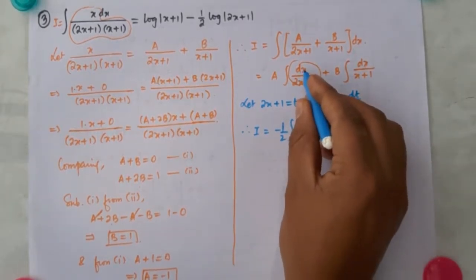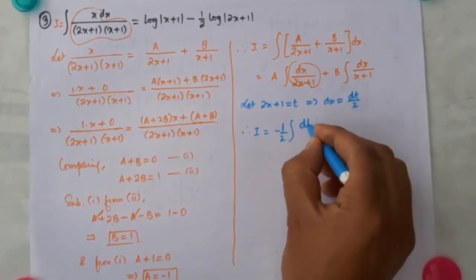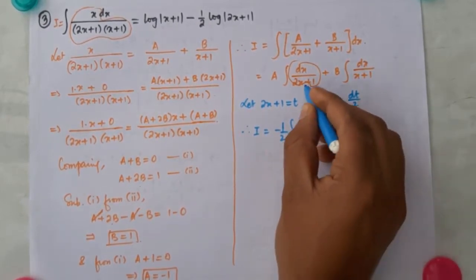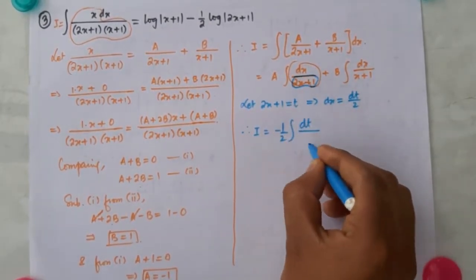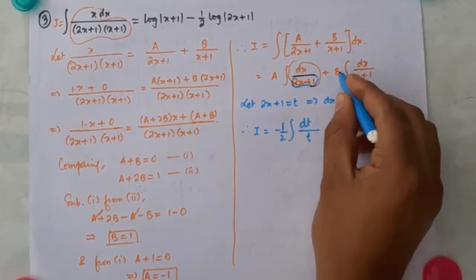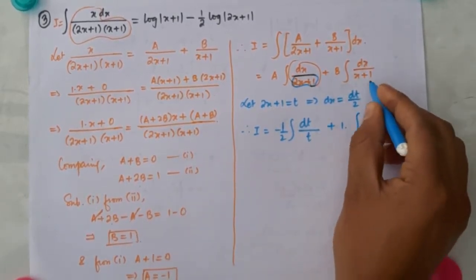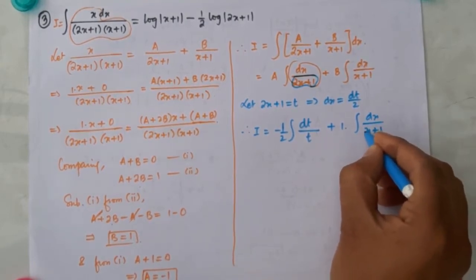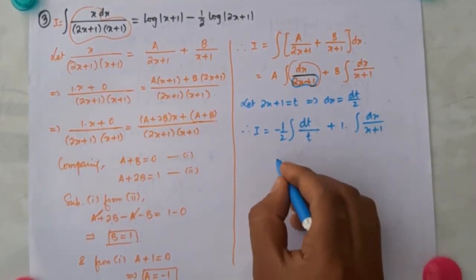So therefore your integral I will change into a is minus 1 integral, see here carefully, dx is dt by 2, isn't it? So that's why this 1 by 2 can be kept outside. So dx becomes dt only, by 2 is already kept outside, divided by 2x plus 1, which is t, plus b is 1 into integral of dx by (x plus 1). See here the coefficient of x is already plus 1, so we don't have any problem here.